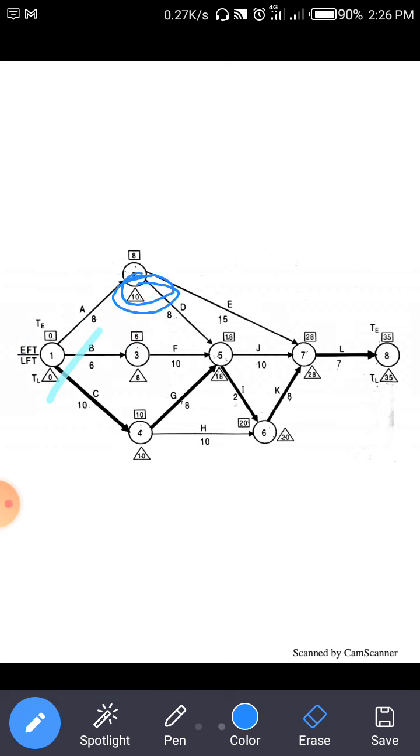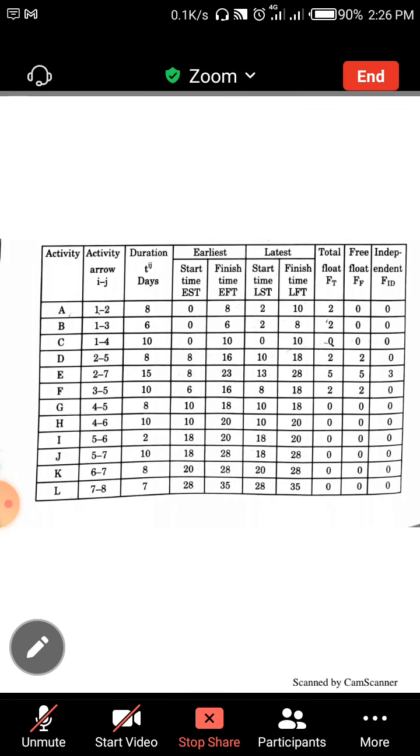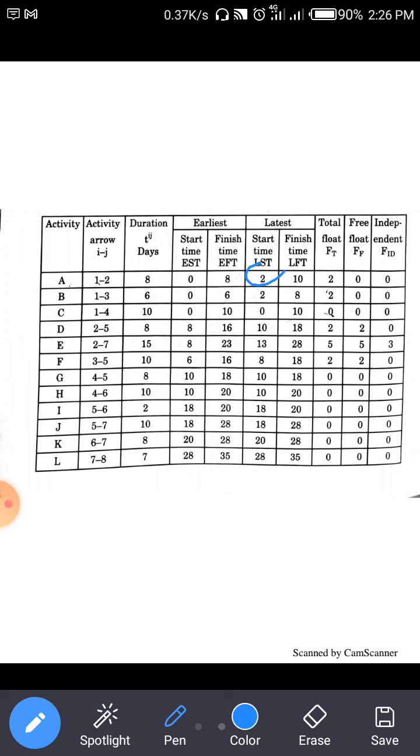So the same thing is written in the table: latest starting time is 2 and latest finish time is 10. Clear?